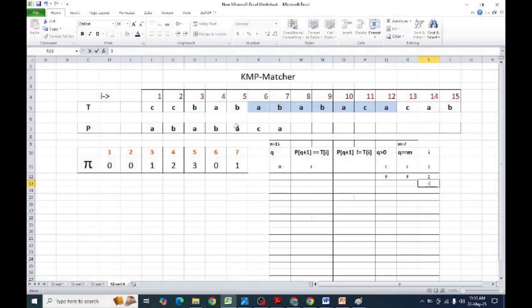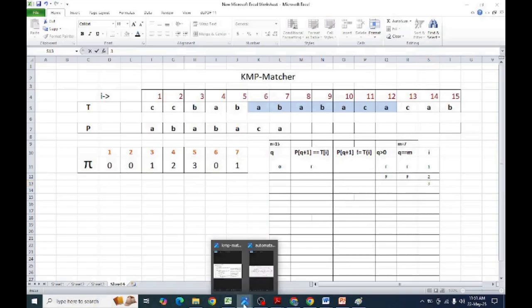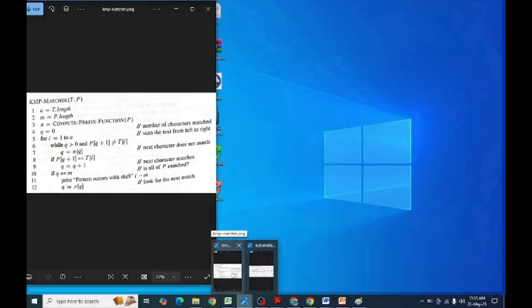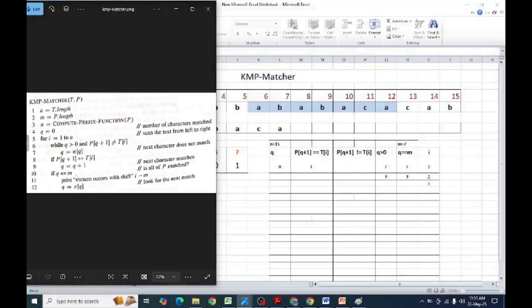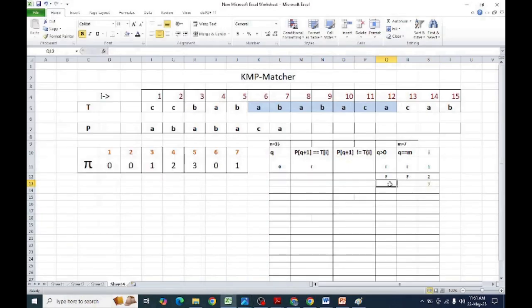Then we will check q greater than 0 and p of q plus 1 not equal to t of i. q is not greater than 0, q still 0, so q greater than 0 is false, so this while loop will not work.